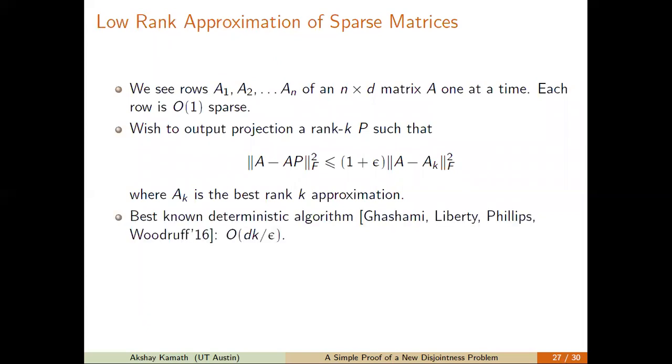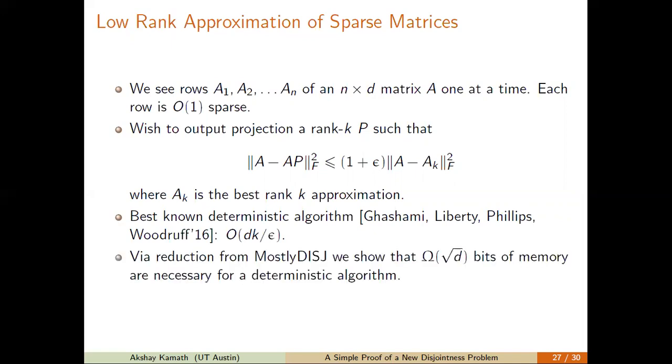The best known deterministic algorithm for this problem was an algorithm by Ghashami, Liberty, Phillips, and Woodruff, and this achieved the guarantee using dk over epsilon many bits of space. And using a reduction from mostly disjointness, we show an omega of square root d bit lower bound for the deterministic algorithm, and this shows that polynomially many bits are necessary in D.